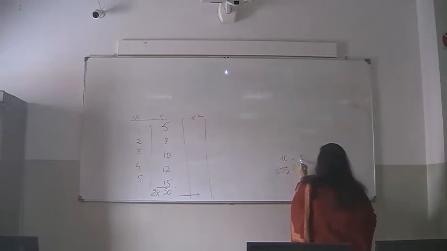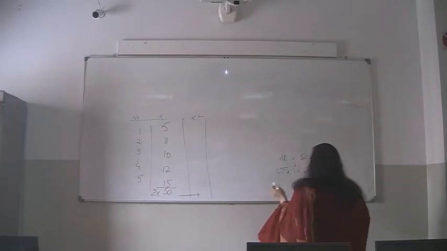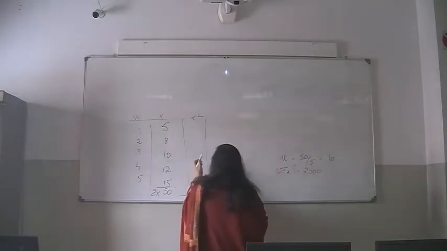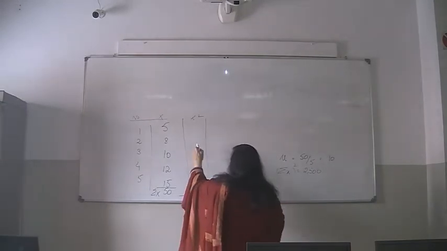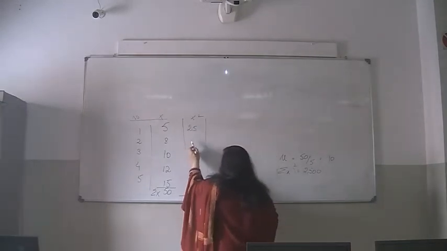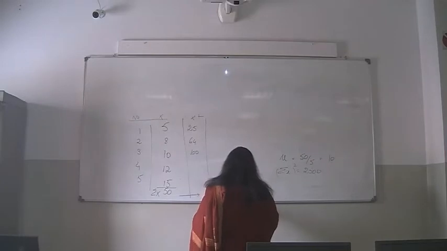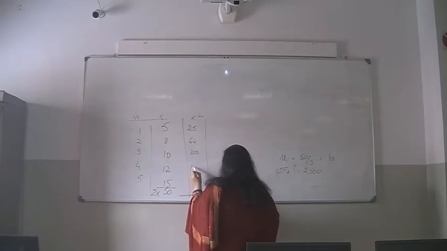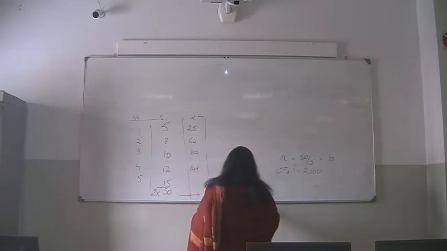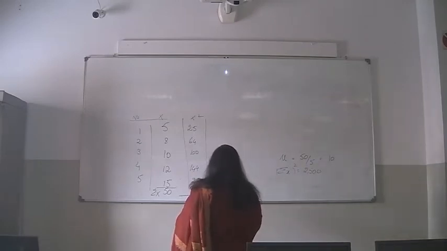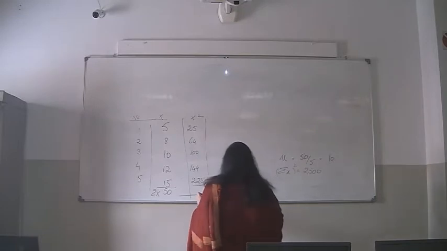Mu in this case would be 50 divided by how many values we have, 5, so we get 10. If we use the formula method, we take the squares: 25, 64, 100, 144, and 225. Adding all these values up, you get 558.